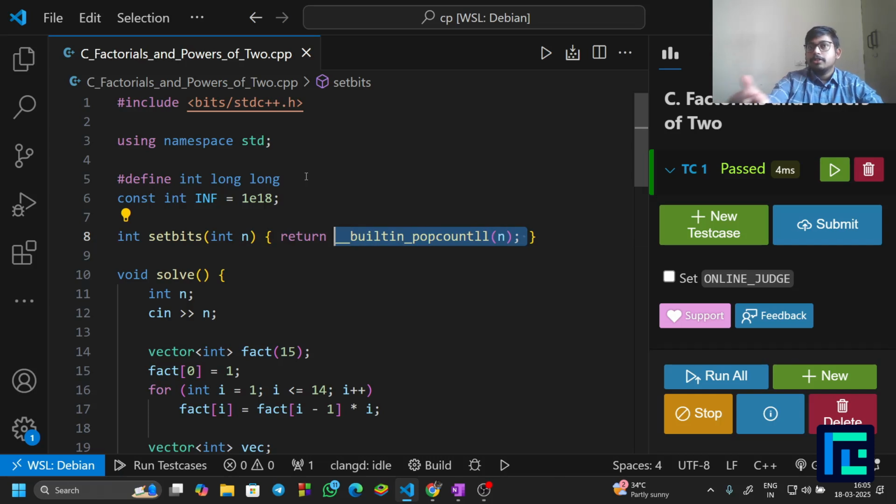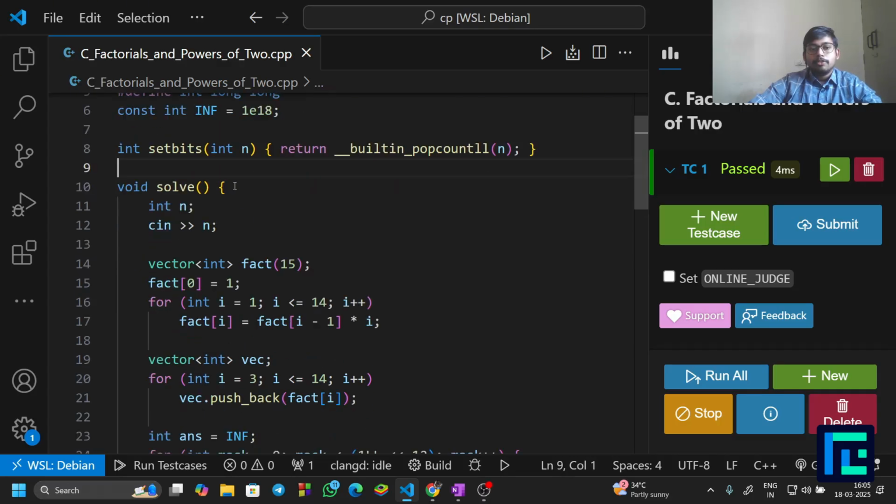If you didn't know about this function, you could just iterate through all the bits from 0 to 60 and check if it is set, then add a +1 to your answer. You can do that as well, or write a recursive function. There are multiple ways to check the number of set bits. This is a direct function which is already present in C++, so I have used it.